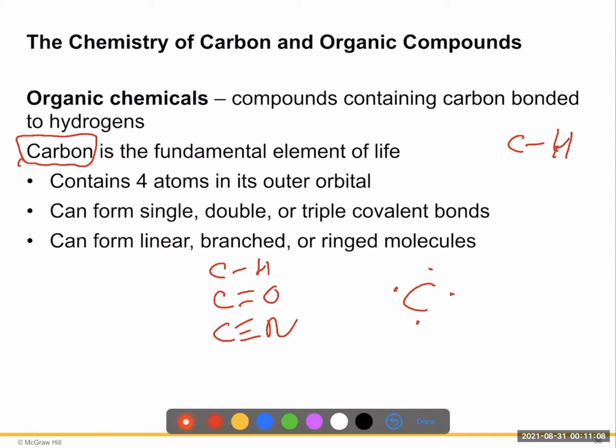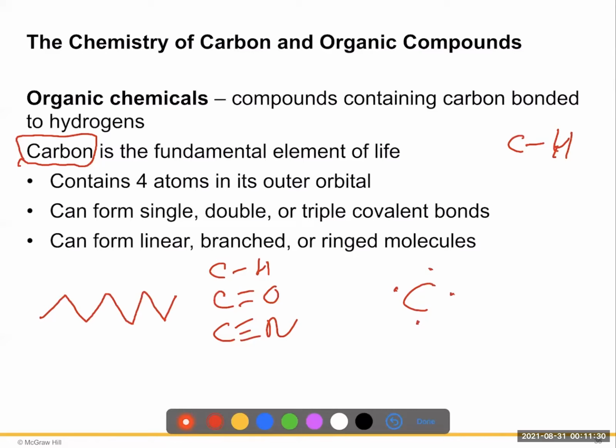So it can form single bonds, double bonds, triple bonds. It can form linear compounds. Okay? It can be branch compounds, or it can be ring compounds. If you look at carbon, every corner is a carbon. That's octane. That's gasoline.